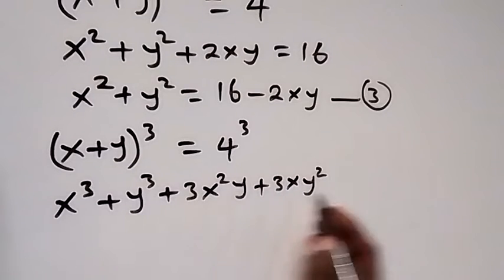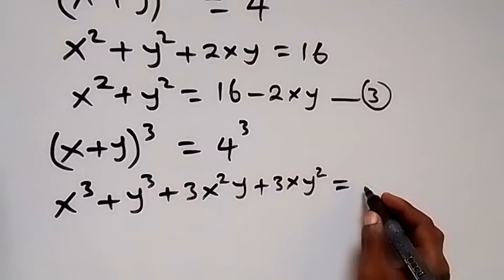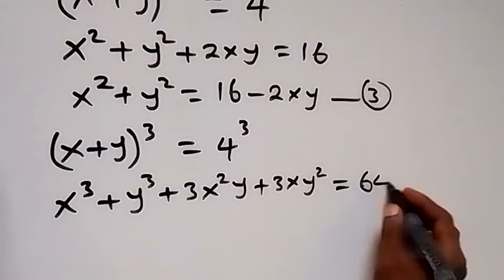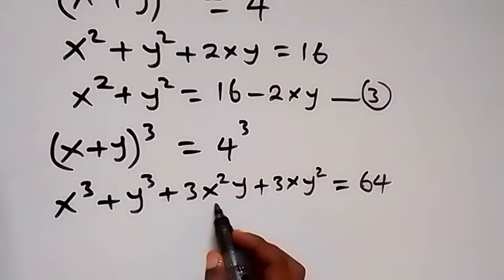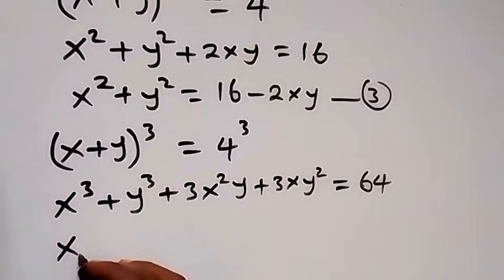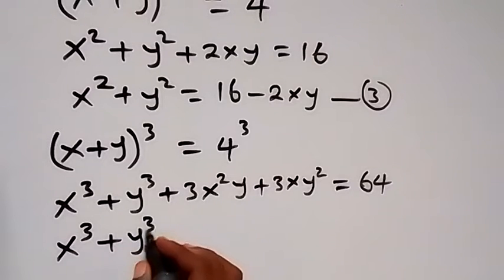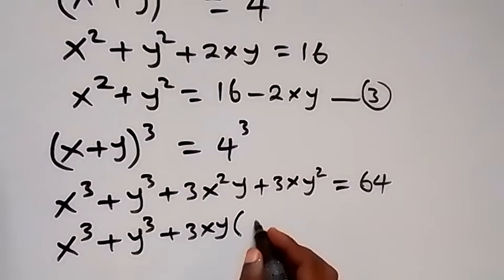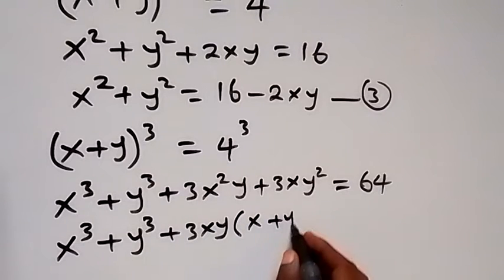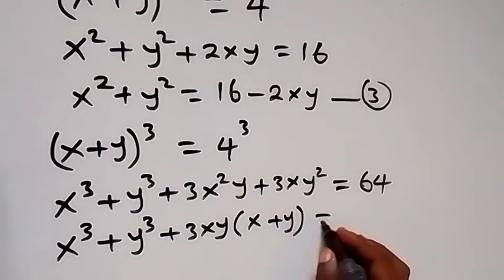That's the expansion, and it equals 4 raised to power 3, which gives us 64. From here, we can factor 3xy out, so we have x raised to power 3 plus y raised to power 3, plus 3xy times the bracket (x plus y), equals 64.